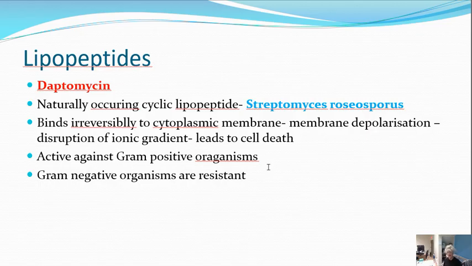So you can see how important it is when we do blood cultures on patients to determine what we would give them. If we were to start out with a broad spectrum, we wouldn't start out with daptomycin, technically, because if the patient had a gram-negative bacteria, it wouldn't help them.